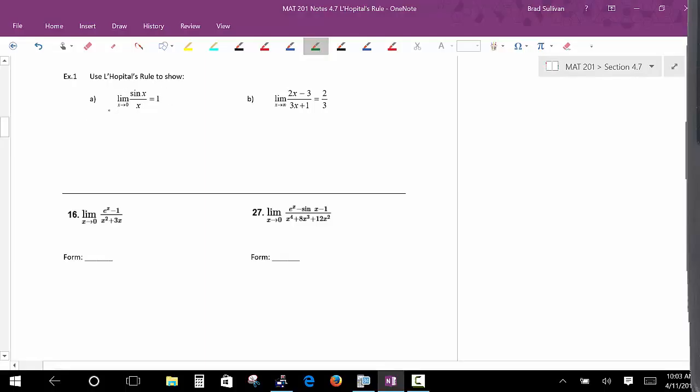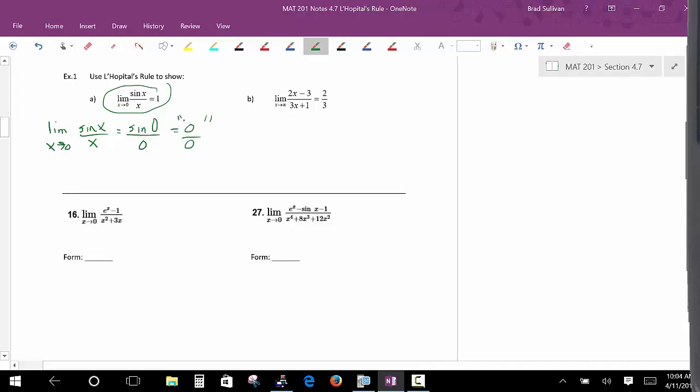So first of all, if you look at this example right here, the limit as x goes to 0 of sine x over x, first of all, don't just go immediately into doing L'Hopital's rule. Make sure it's a 0 over 0 form or infinity over infinity. So if you plug this in, we'd have sine 0 over 0, which is the 0 over 0 form.